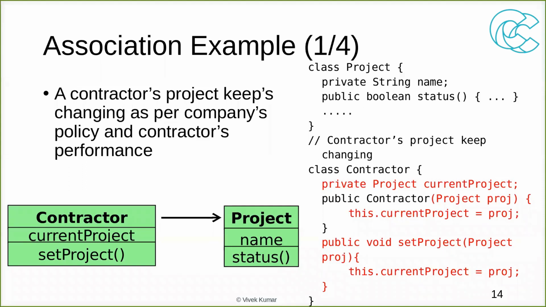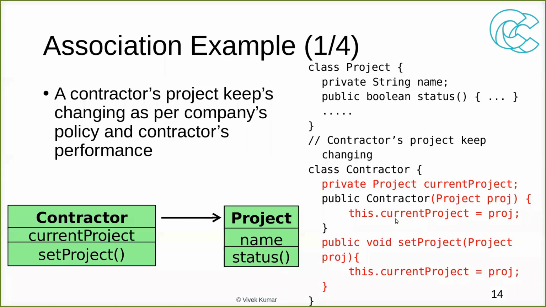So is the difference clear? Here you are not instantiating it in the constructor, and you are simply taking the reference as an argument. Sir, so like we assign project to current project, and if I make any changes to current project, would that be reflected to project as well? Yes, we discussed that earlier.